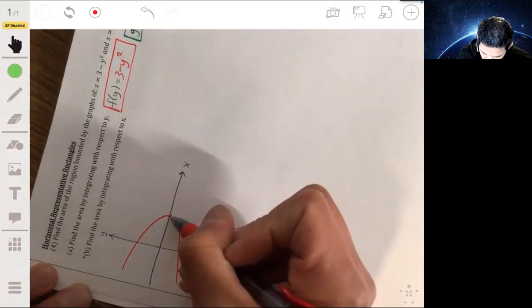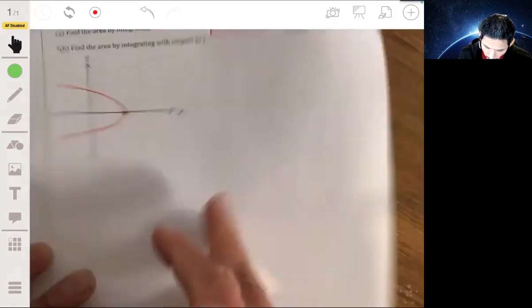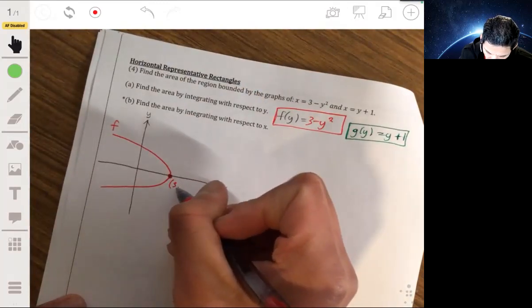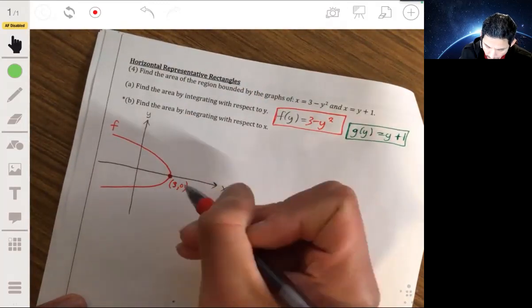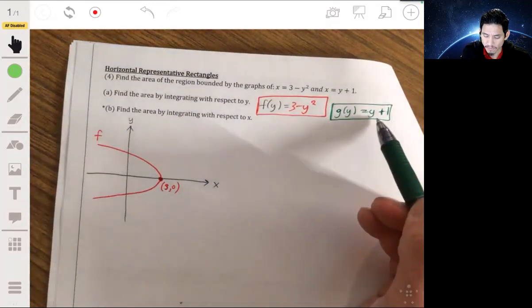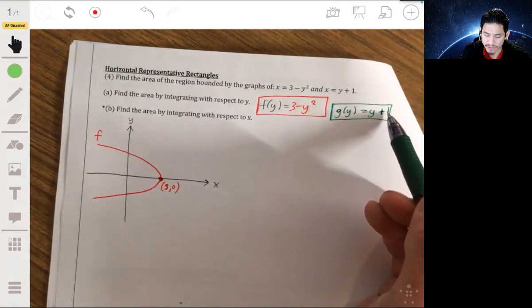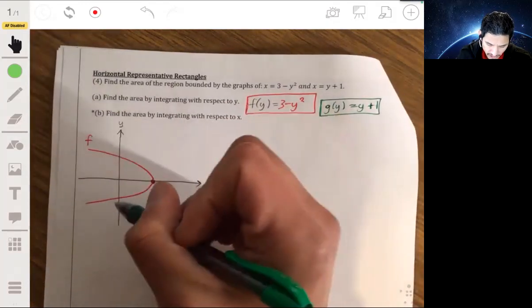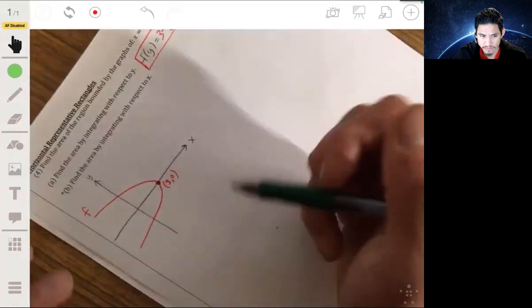It's okay, I guess. That's your function f. And g of y is a straight line as well, but the y-intercept is 1 and the x-intercept is 1. So it'll be oriented in this direction.